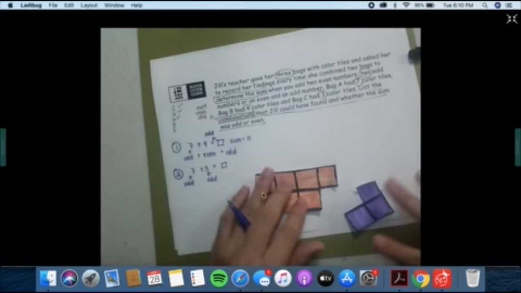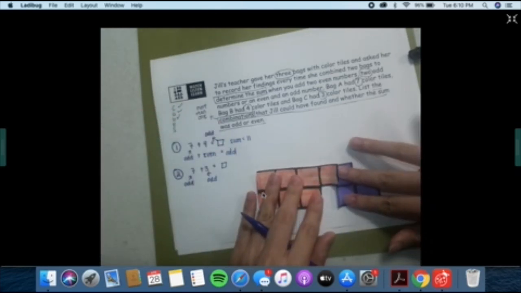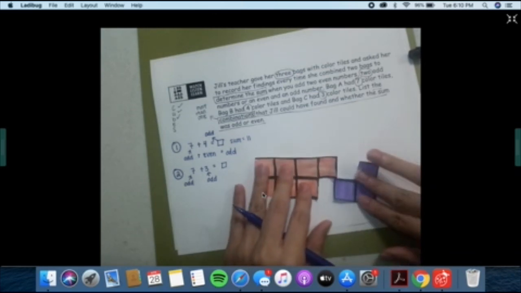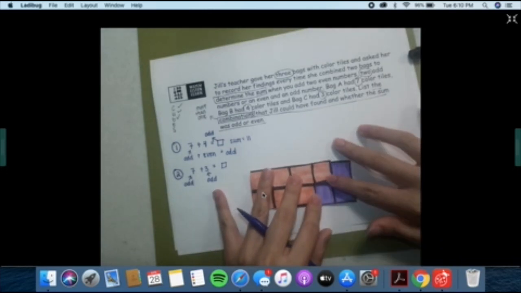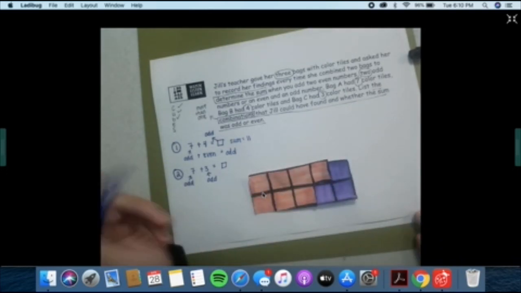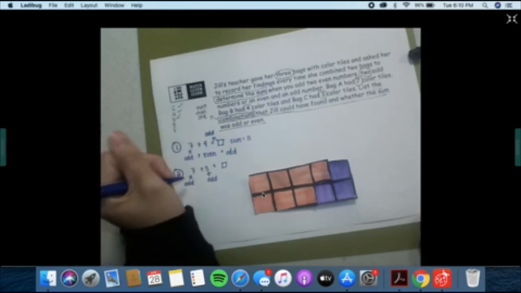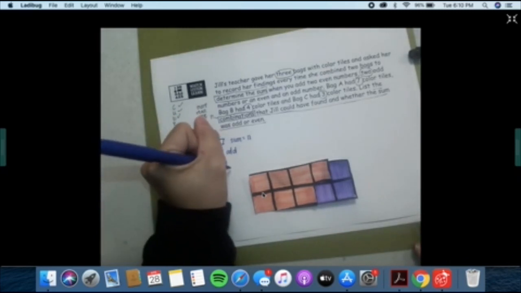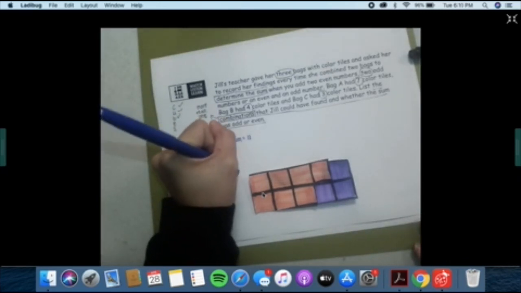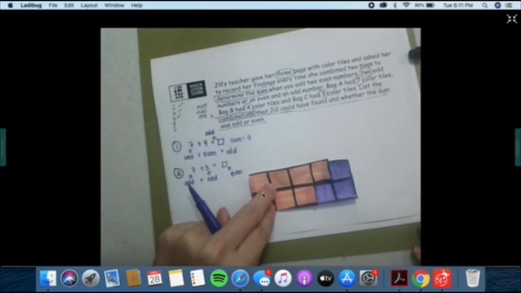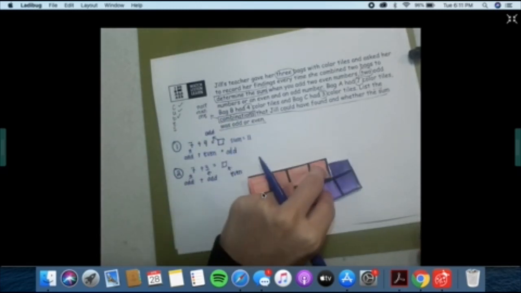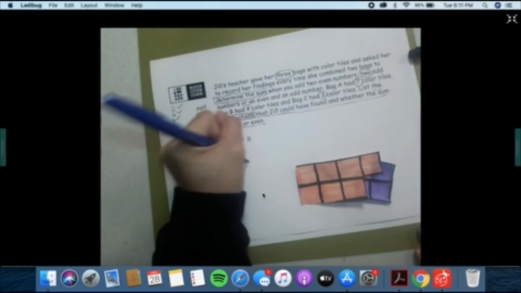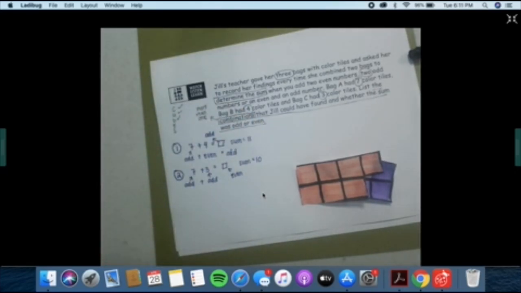And I can add these together, so 7 plus 3. And I see that there's a space here, and I see there's a space here, so I'm going to fit it in like this. So I would know 7 plus 3 is an odd plus an odd. So I know an odd plus an odd would equal an even because there is no blank space. So my answer would be 2, 4, 6, 8, 10. So 7 plus 3 equals 10. My sum is 10, which is an even number.